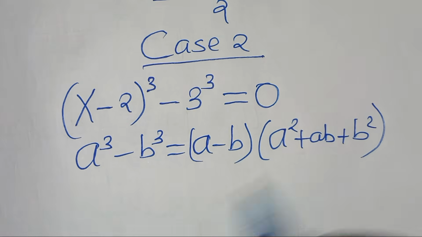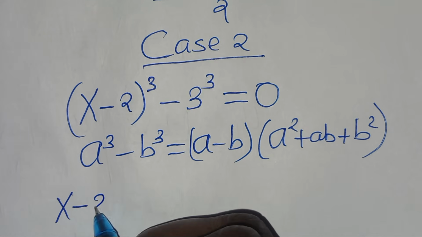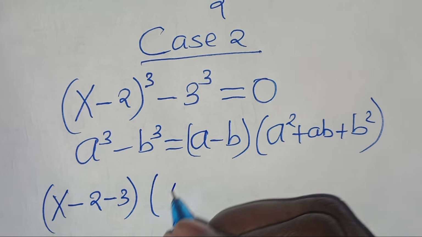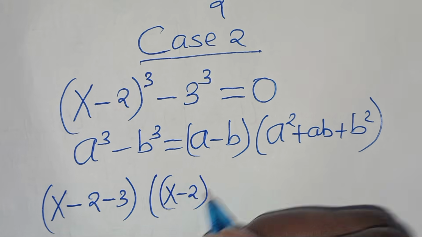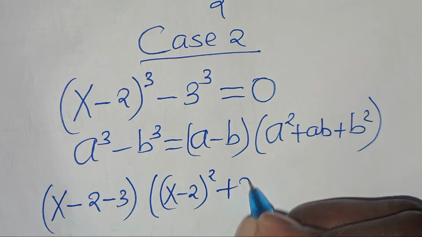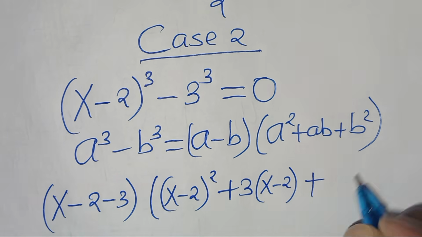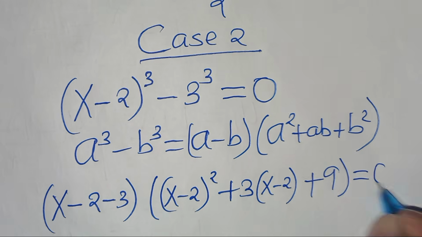Applying this identity, then we have x subtract 2 minus 3. Then we have x minus 2 raised to the power of 2, then plus 3 multiplied by x minus 2, then plus 3 squared, which is 9. This is equal to 0.